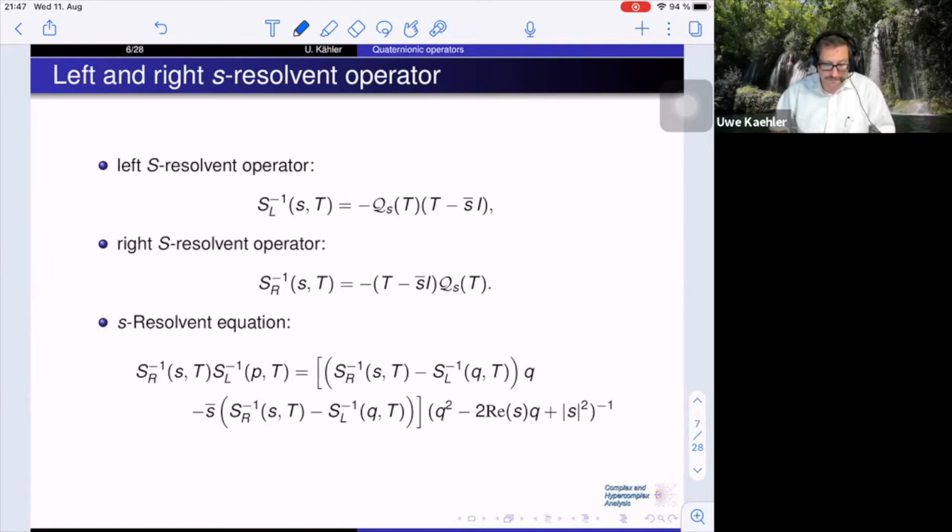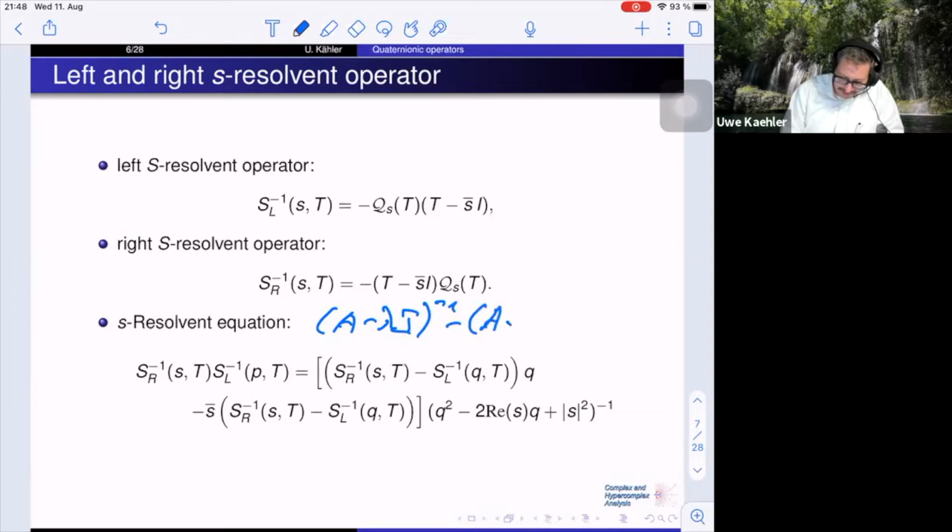On the other hand, if you look for the resolvent equation, let me just recall, in the classic one, the resolvent operator would be (A minus mu I) to the minus 1. Then, of course, we all know the classic resolvent equation: (A minus lambda I) to the minus 1 minus (A minus mu I) to the minus 1, equals the product of both resolvents times lambda minus mu.